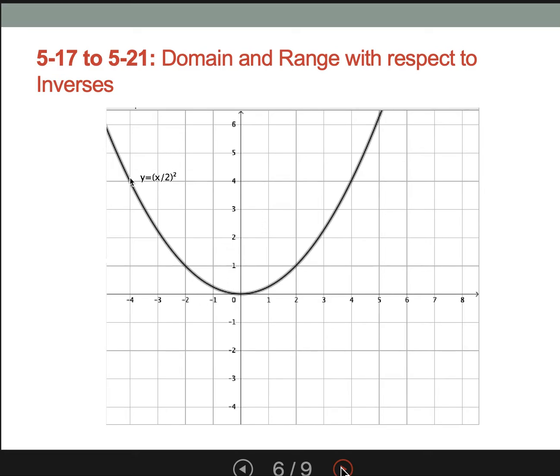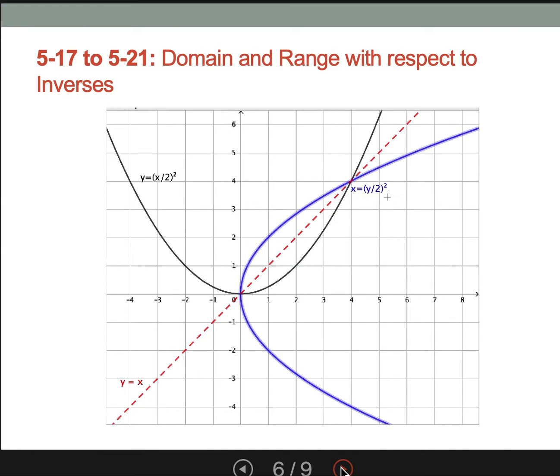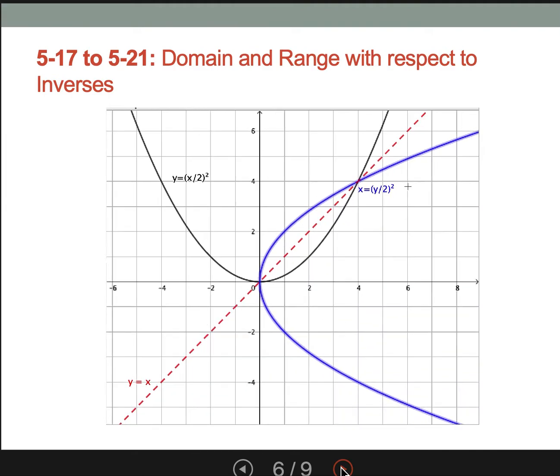So we're going to focus on this parabola, y equals (x over 2) squared. Let's find its inverse. We want to draw the line y equals x, and we're going to reflect this parabola over this line. Then we get this sideways parabola, x equals (y over 2) squared. So the inverse is the same equation, y equals (x over 2) squared, but with x and y switched: x equals (y over 2) squared.